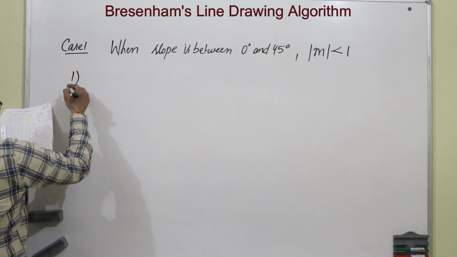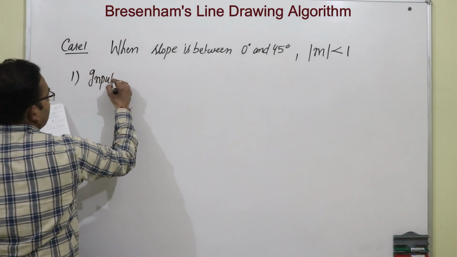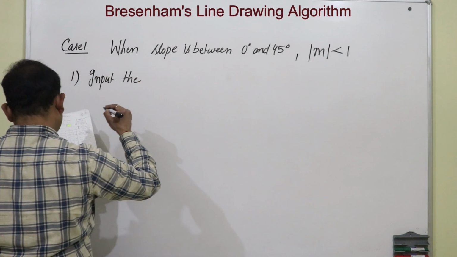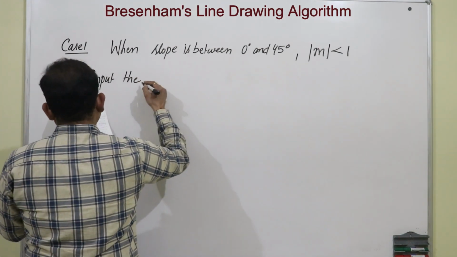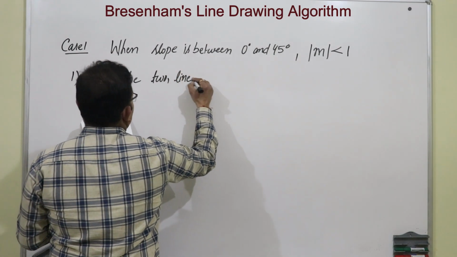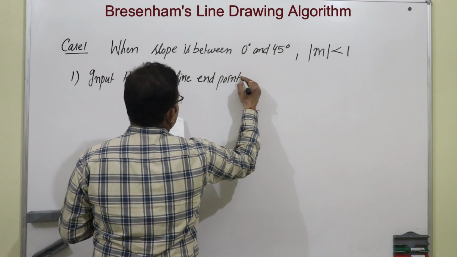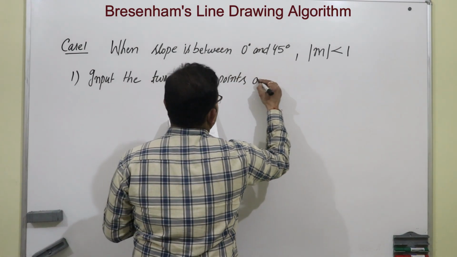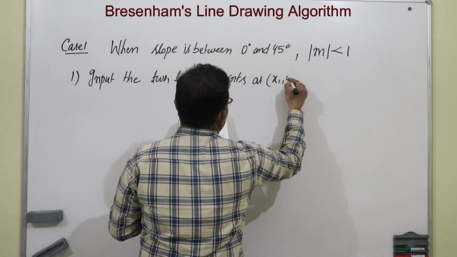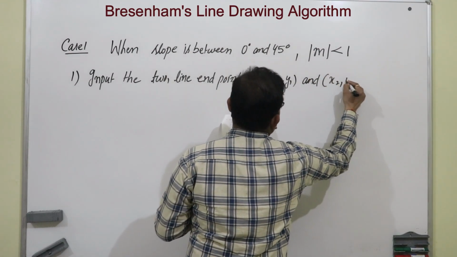Point 1, input the two line end points as x1 comma y1 and x2 comma y2.